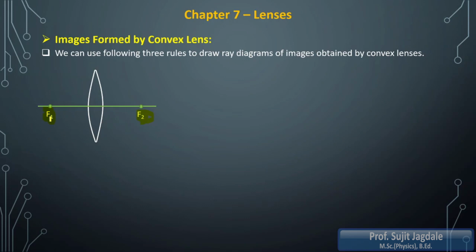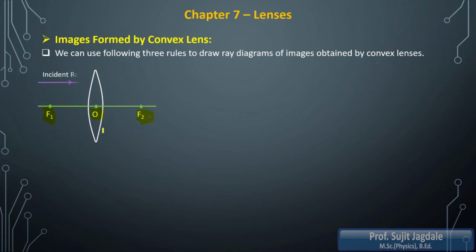By observing the shape, you can easily tell that this is a biconvex lens. Its optical center is capital O. Optical center means that if light rays pass through this optical center, they go undeviated, that means their direction will not change. You have to remember that definition for the optical center.